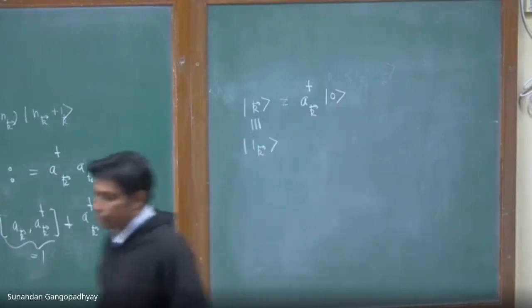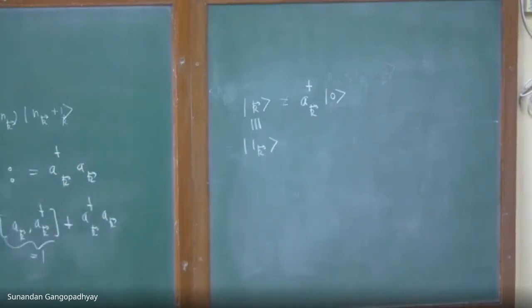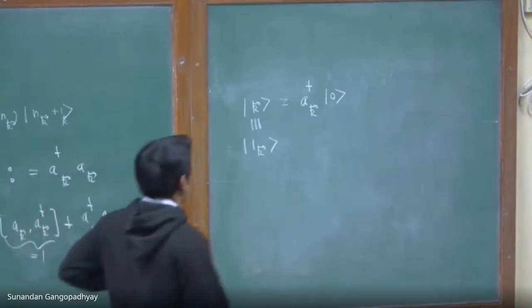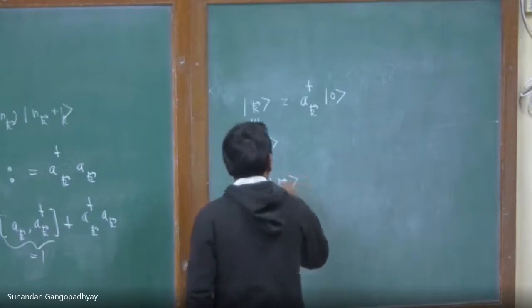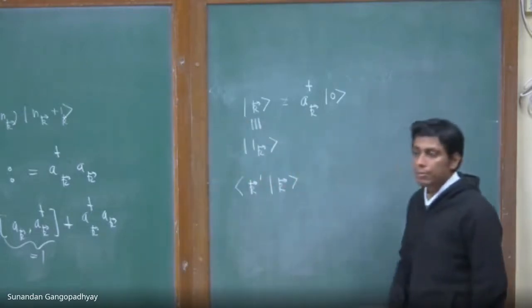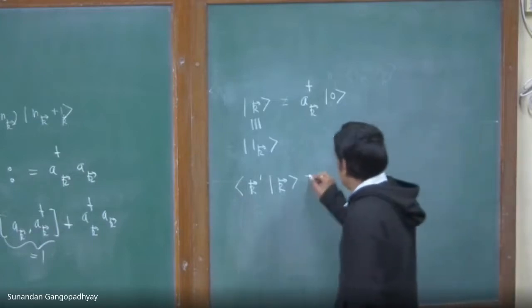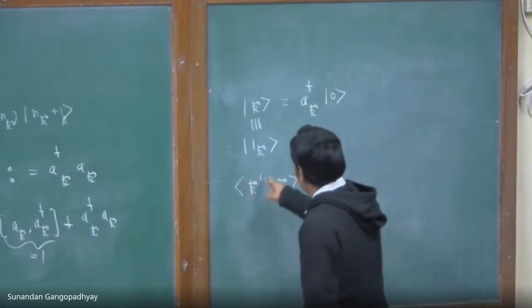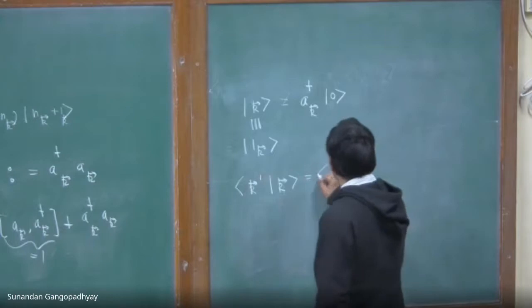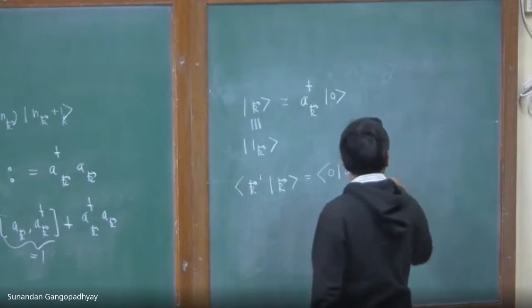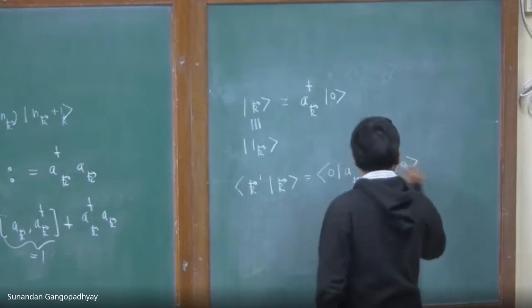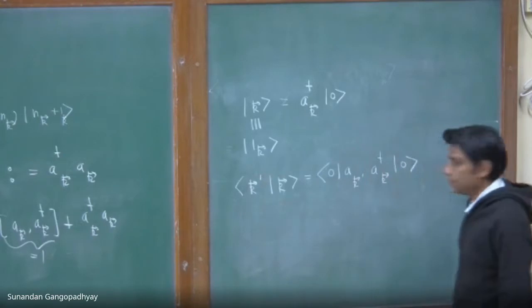Creation operator acting on the vacuum state, which contains no particles, creates a single particle with momentum k. Now, what we would like to do is the following. We would first like to check whether this state is normalized or not. So let us take k prime and calculate this overlap. So <k'|k> is nothing but <0| a_k' a dagger k |0>.